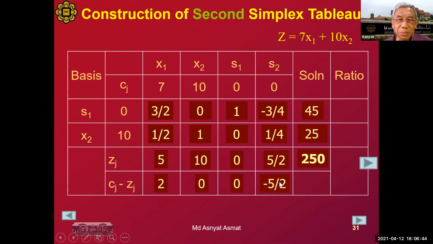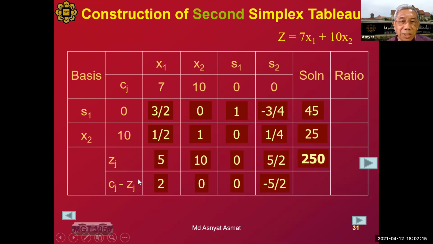Negative 5 over 2. Now, to know whether this is optimal or not, all values of Cj minus Zj, that means all the net evaluation index, must be 0 or negative, that means less than or equal to 0.